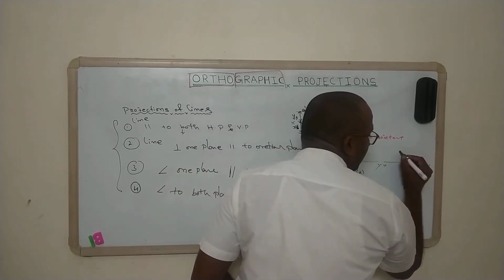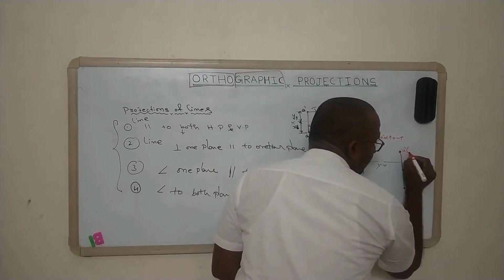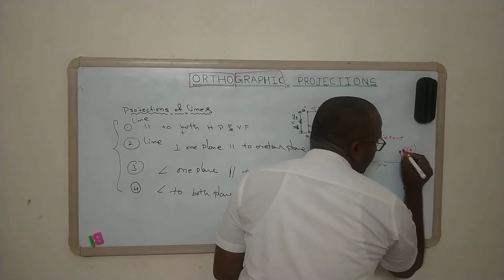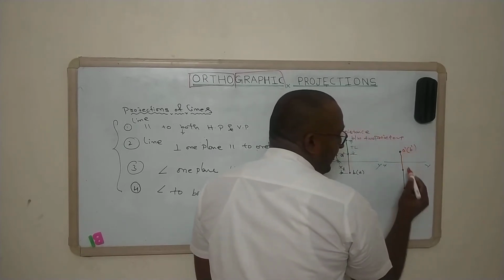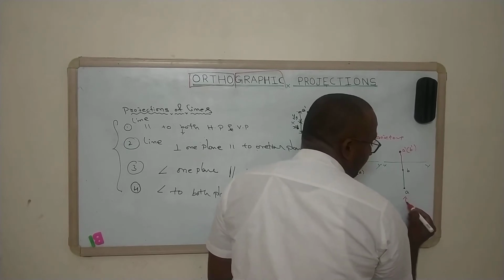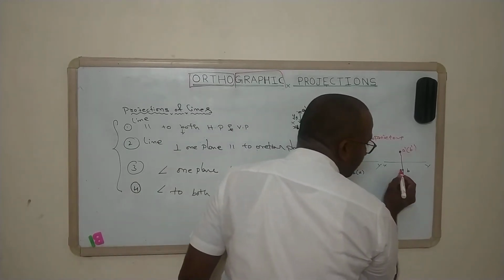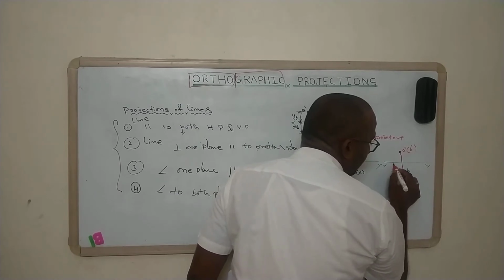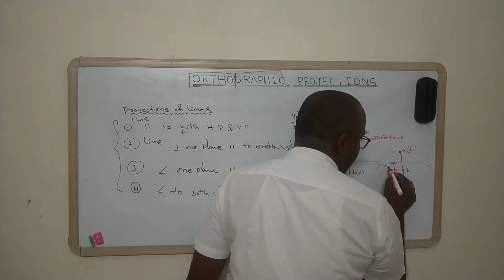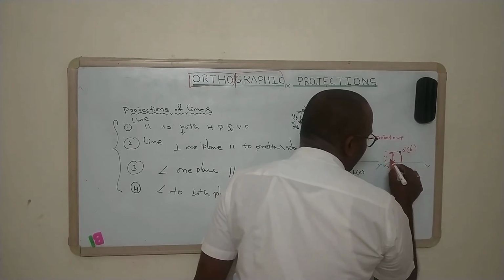Then that could be a dotted point, A dash B dash. Always A dash and B dash should be represented in such a way, right? So here to here is in front of VP, that is XL, and above HP is YL.